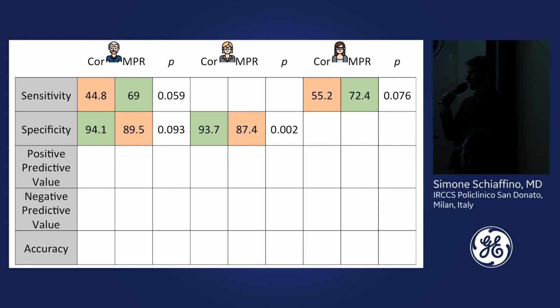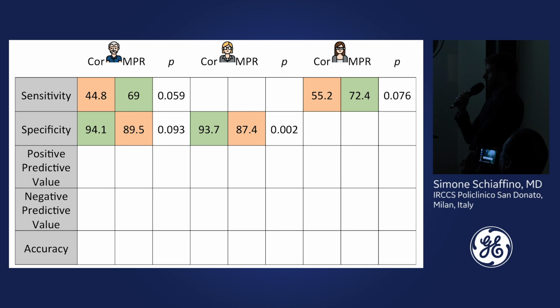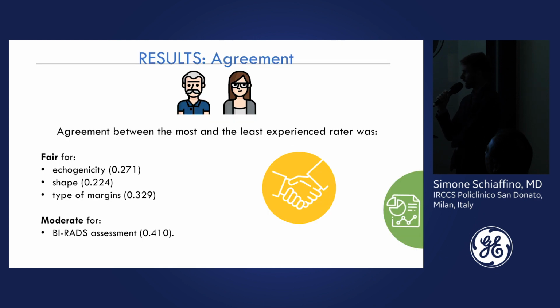This is quite interesting considering its potential role in a screening setting, where higher specificity is our aim for a screening tool, while the sensitivity was lower for the coronal view alone.